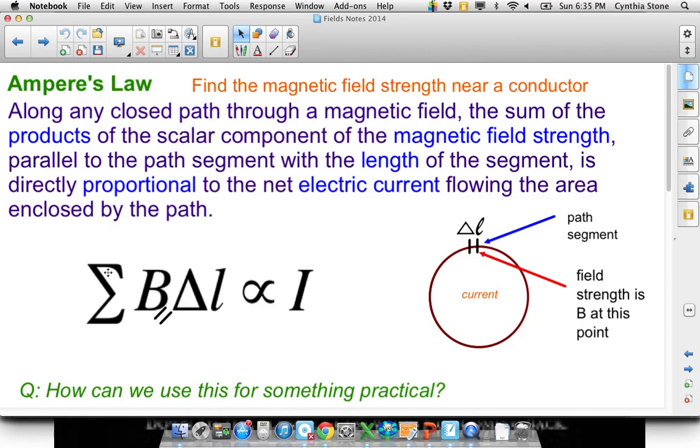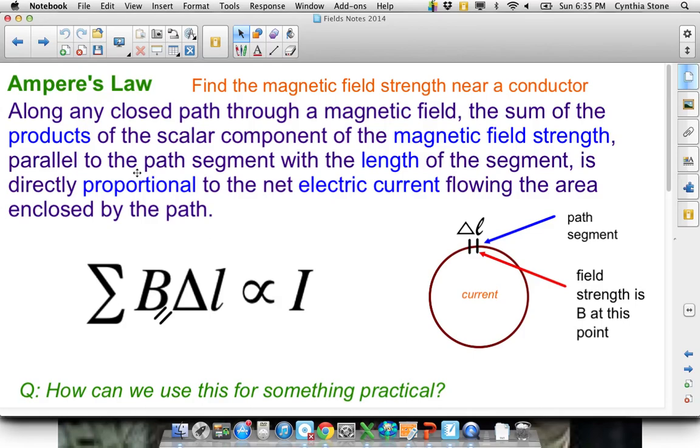This symbol, if you've taken data management, you know, is the symbol for the sum, like adding them all up. The product is B times delta L, those two things multiplied together, of the scalar component of the magnetic field strength parallel to the path segment.